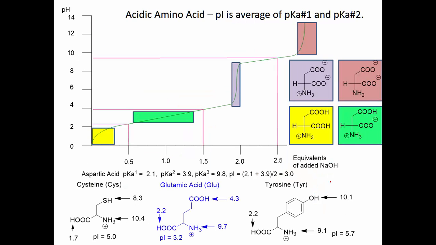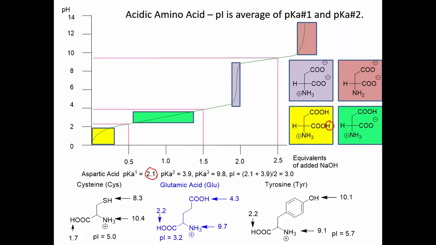Okay, here's an acidic amino acid, aspartic acid. Okay, it has 3 pKa values. All right, so pKa1, we're going to start with a cationic form here. The first, or the most acidic proton is this one right here, and it has a pKa of 2.1.